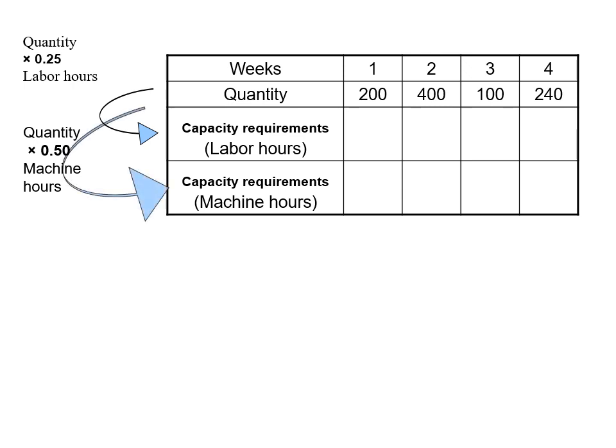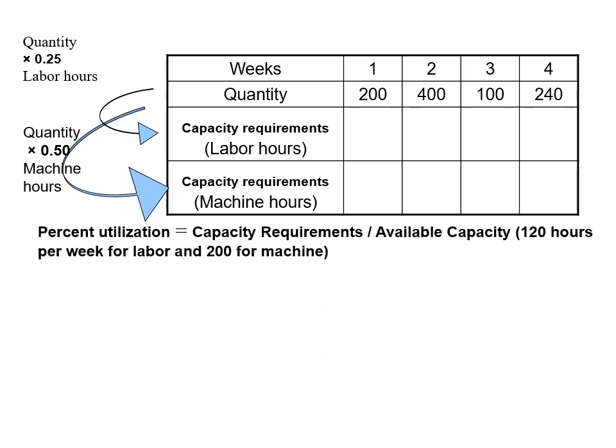And also we calculate the capacity requirement from machine by multiplying the quantity needed for each week times 0.50, which represents the standard time to produce 1 unit.